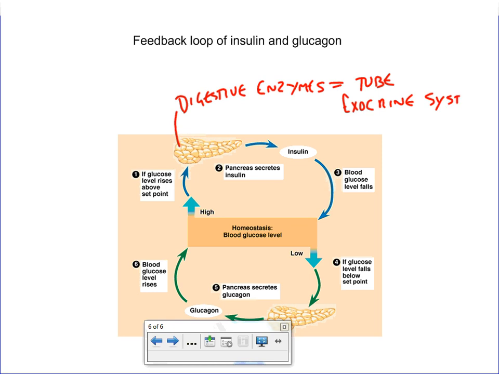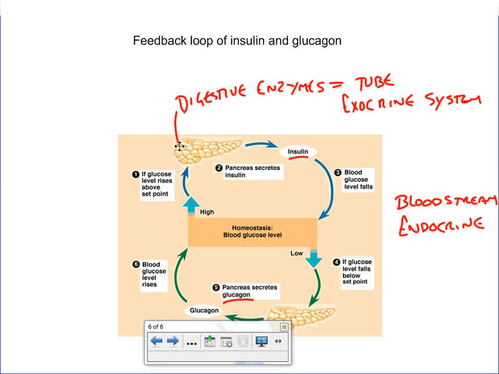But here it's secreting insulin and glucagon into the bloodstream. When it's secreting things into the bloodstream, it's called the endocrine system. So right here you have an organ that has both endocrine and exocrine functions.